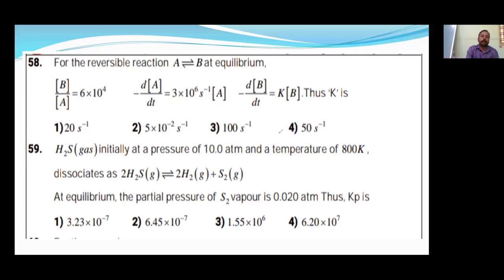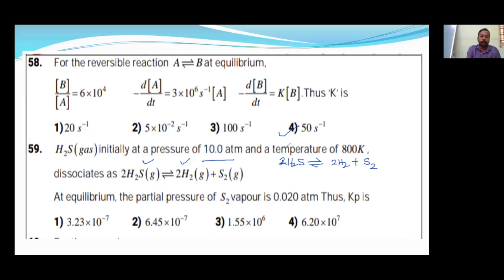Okay. The H2S gas, initially at a pressure of 10 atm, dissociates, and at equilibrium the partial pressure of S2 vapor is given. We need Kp. Here all are in the gaseous state, so you should write like this: 2H2S reversible 2H2 plus S2.